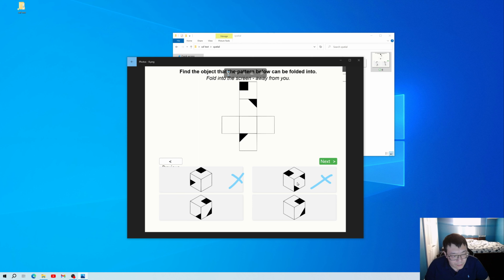We don't even have a square that is showing like that. We don't have this shape in this picture. So this one is no, and this one, you notice this part, all the squares are in the corner, or facing the corner, and this one is not, so this one is a no.